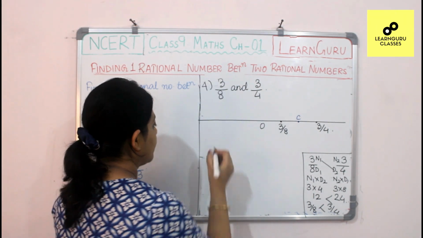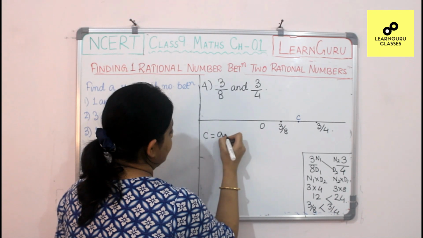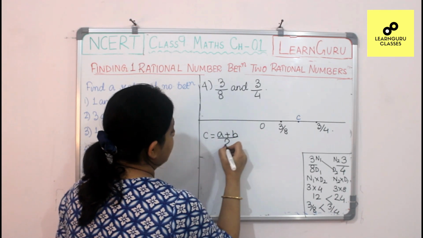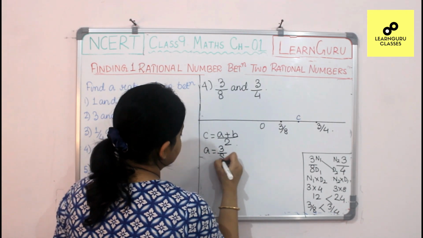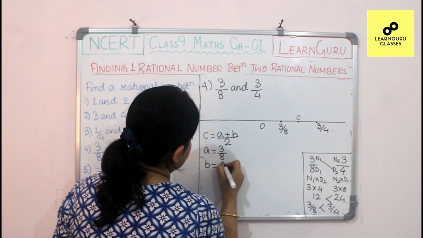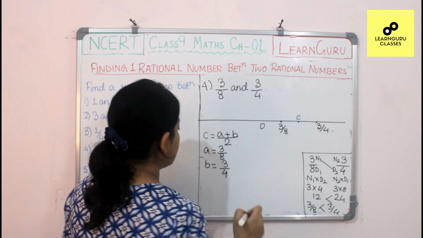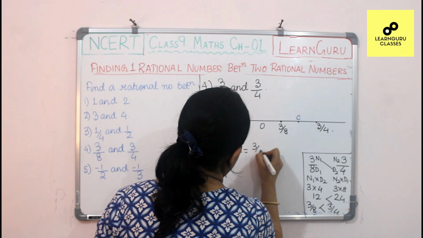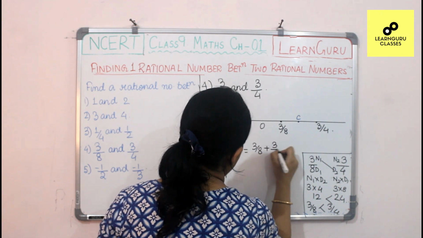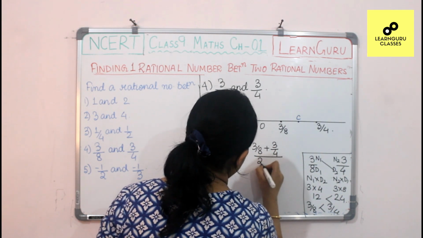C equal to A plus B by 2. So, A equal to 3 by 8 and B equal to 3 by 4. Okay. So, C equal to 3 by 8 plus 3 by 4 divided by 2.